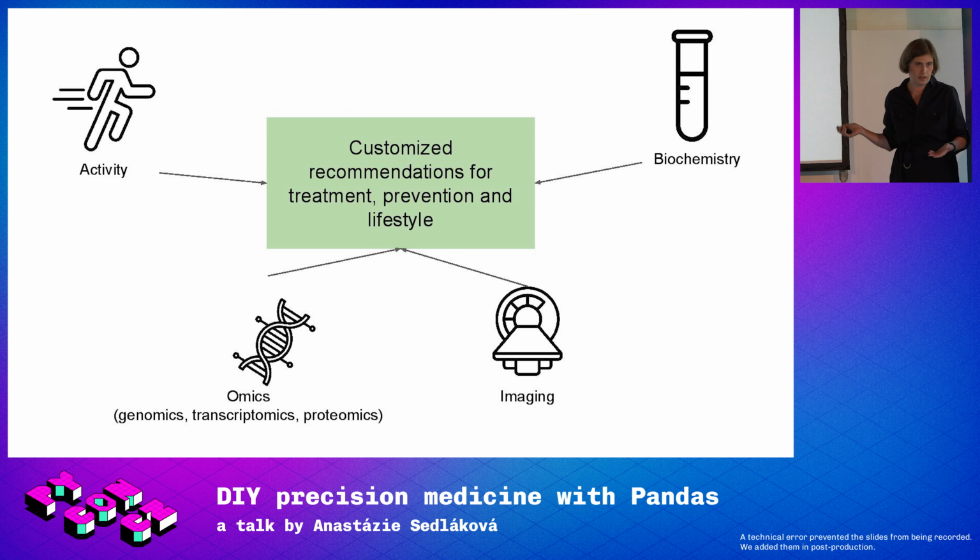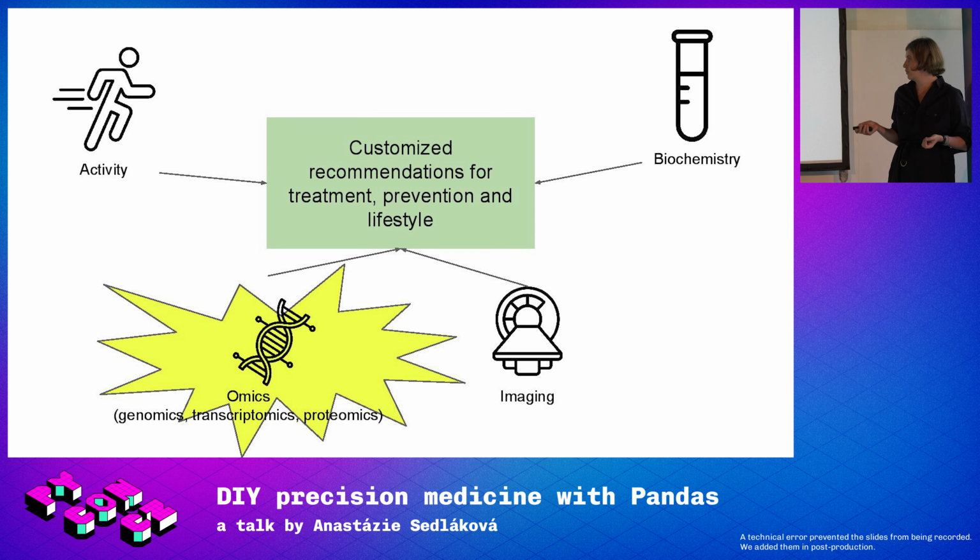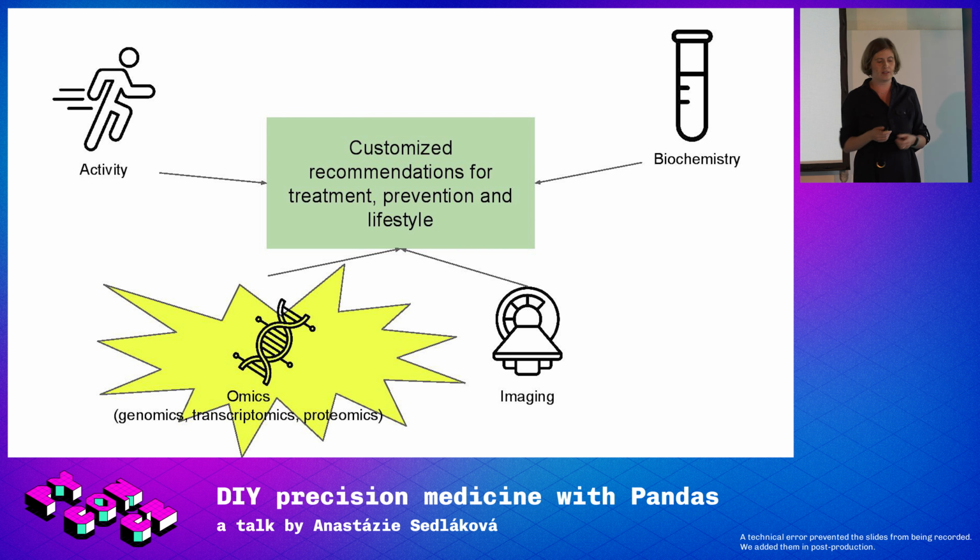Then imaging, doing MRI of your brain, for example, looking at how your brain is functioning. And the part that I will be focused on today is the omics part, and I will be focusing on genomics. So omics are all of these different fields, like genomics, your DNA, transcriptomics, your RNA, or proteomics, your proteins.